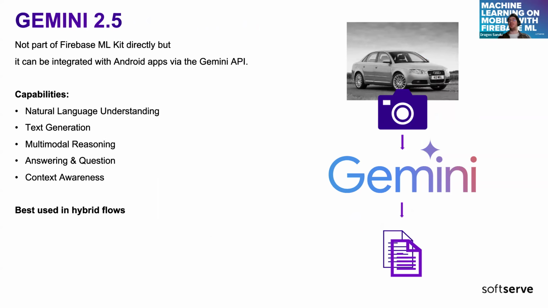Of course, Gemini 2.5 is a really, really great tool, and it's available as an API to our applications. If you take a look at the right side, at the short flow that I presented, basically in the demo application that I will show you, we have an image of a car, for example, and we get the recognition for it. So we know the brand of the car.